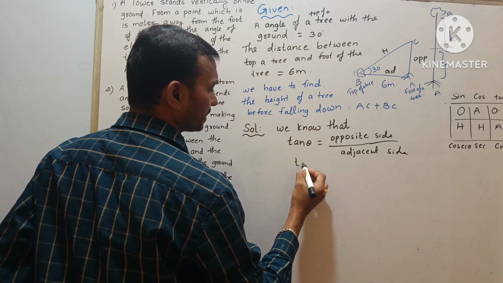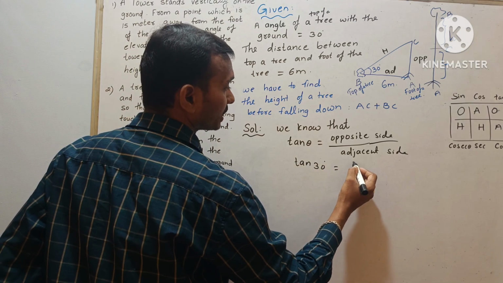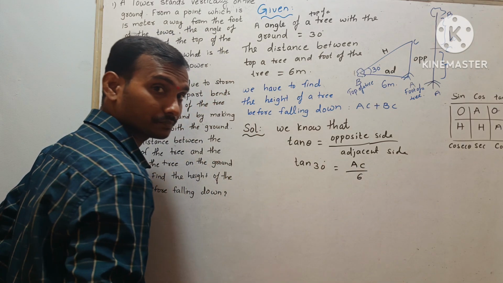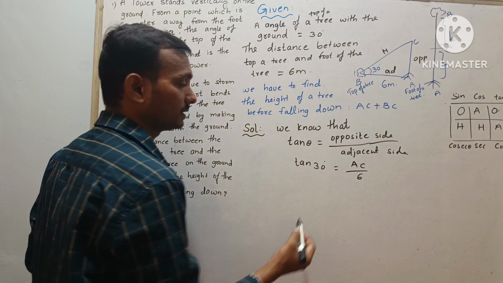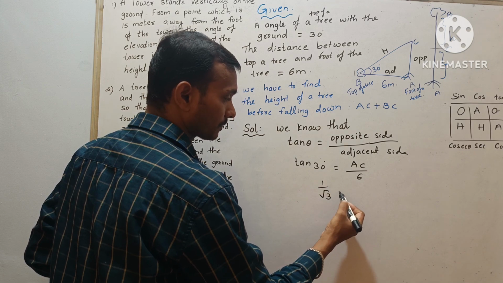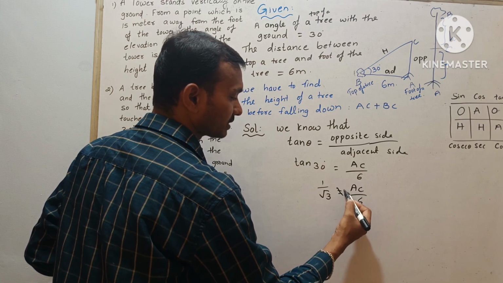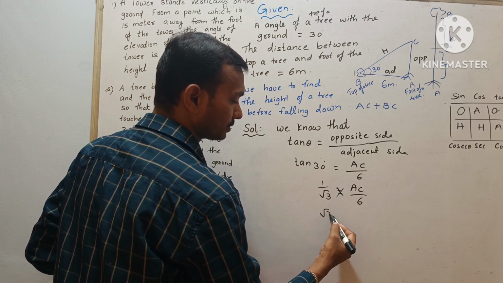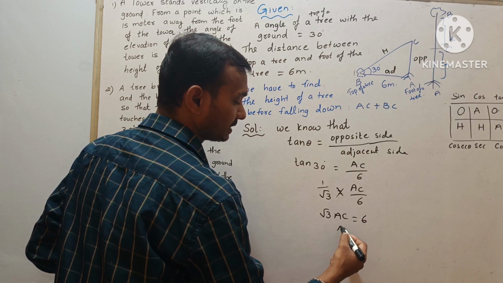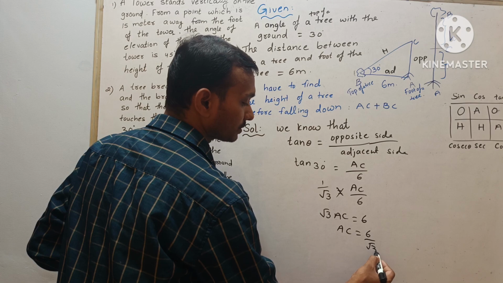So here the angle is 30 degrees. Opposite we don't know, that is AC. Adjacent is nothing but 6. Tan 30 is nothing but 1 by root 3. So AC by 6. Cross multiplying, root 3 into AC is equal to 6. We get AC is 6 by root 3.